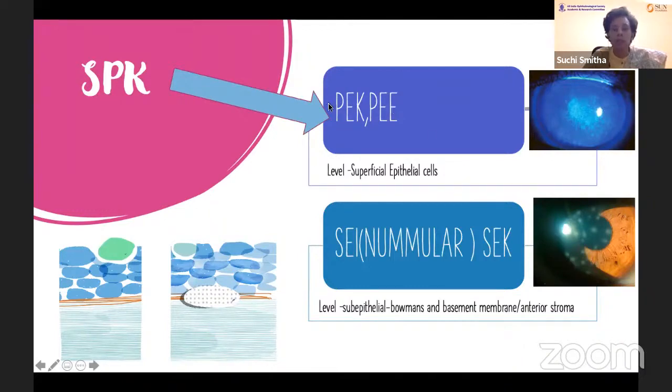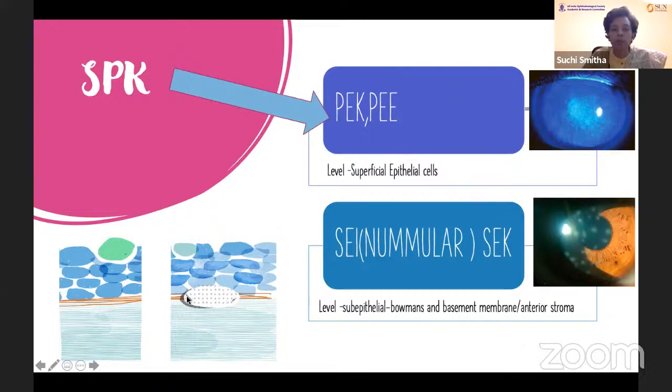Punctate epithelial keratitis or SPK is actually a superficial lesion which involves the upper epithelial layers because of the damage to the glycocalyx, or because in a dry eye situation or desiccation, or because of swelling in the superficial epithelial cells. These cells take up fluorescein and there will be bulging over the surface. So that is what is the punctate epithelial keratitis, sometimes called punctate epithelial erosions, when the cause is not inflammatory.